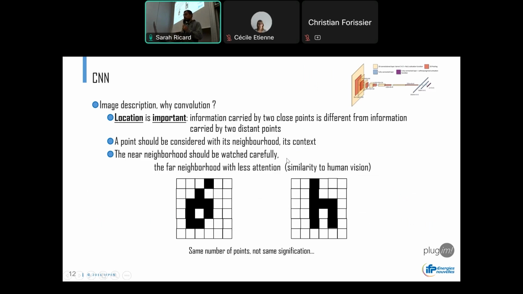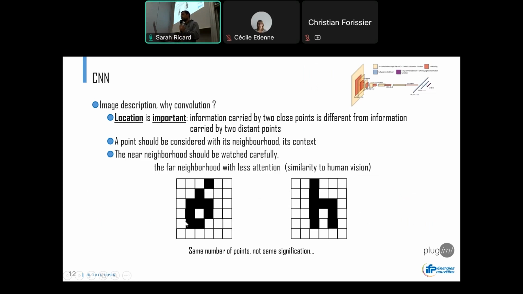For instance, if you see the image at the bottom of my slide, you will see an image of 6 by 6. Here and here you have the same number of black points. But if I ask you to explain what you see on the left and what you see on the right, you can tell me directly.